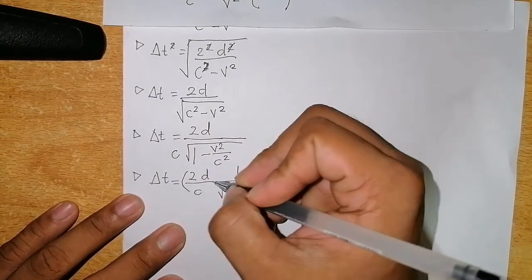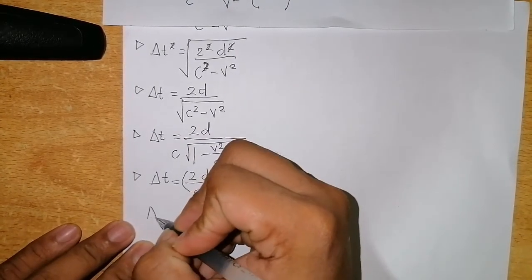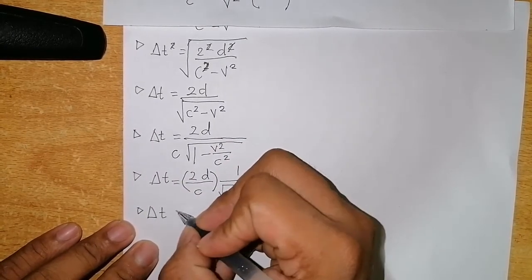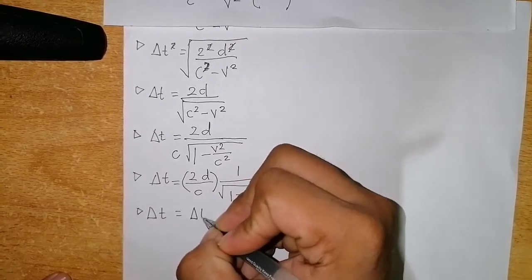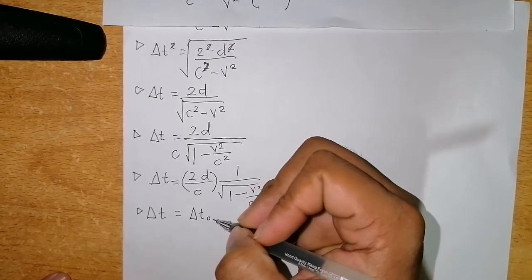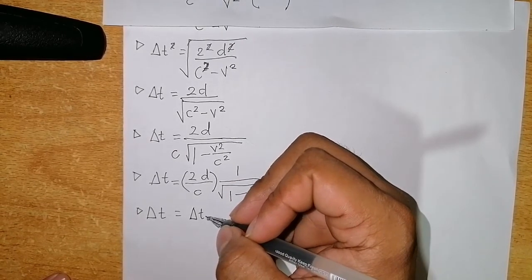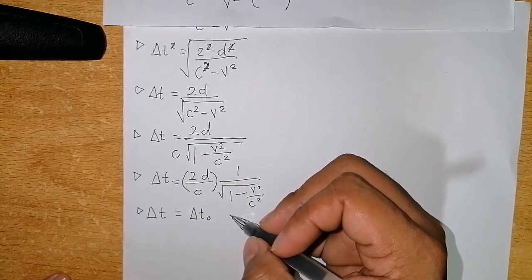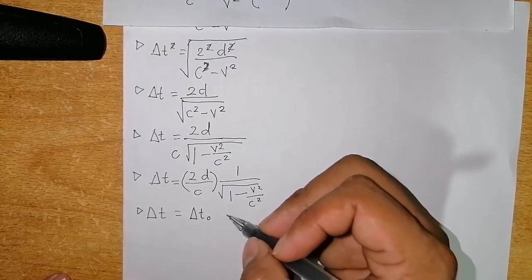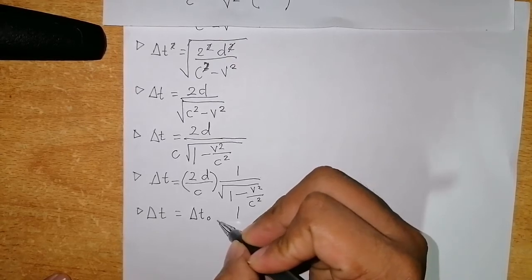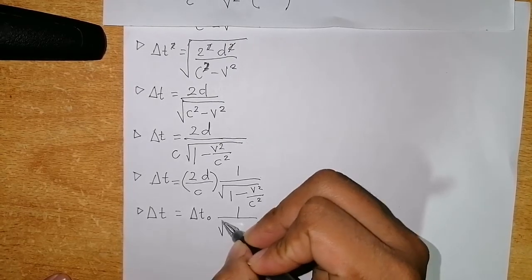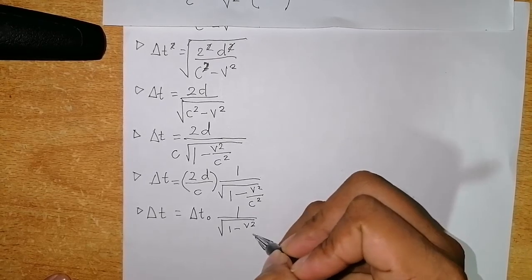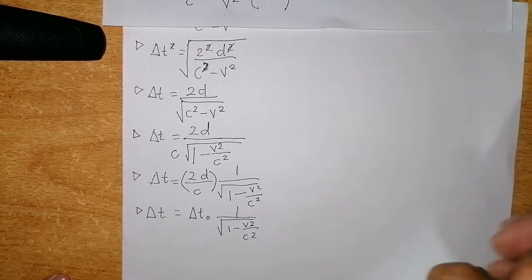So this one is already delta time is equal to change in time. We have this 1 over the square root of 1 minus v squared over c squared.